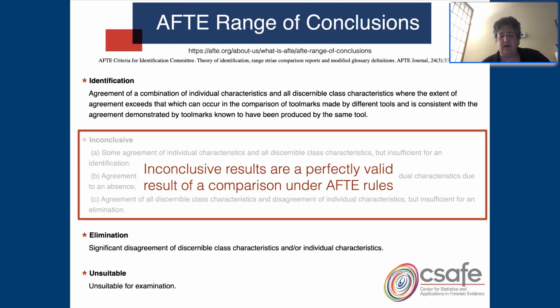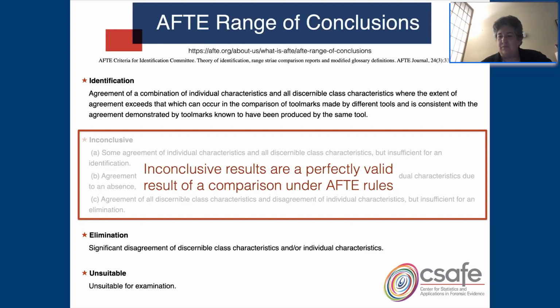So in terms of errors, these inconclusive results are really a nightmare. As statisticians, as mathematicians, as data scientists, we love to have a black and white thing. So something is either right or it's wrong.